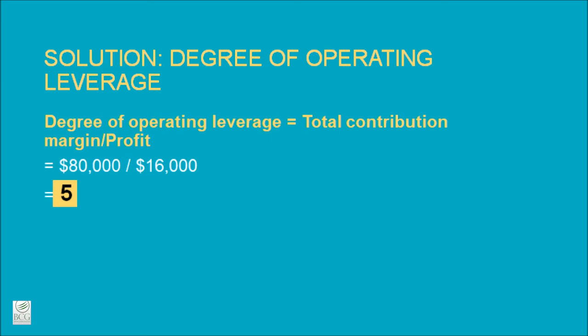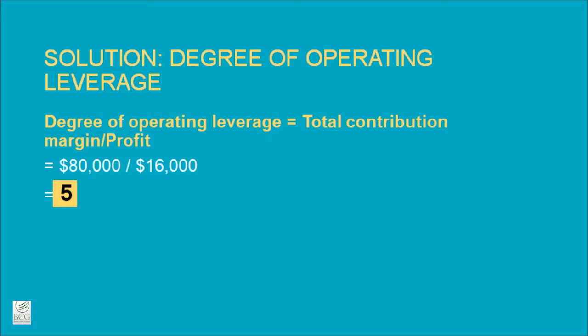We'll get the quotient and the degree of operating leverage, which is 5. What does this 5 tell us? 5 represents the number of times the total contribution margin is to the profit, or rather the total contribution margin is 5 times the profit.